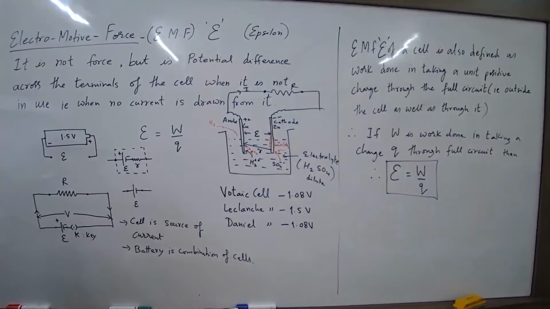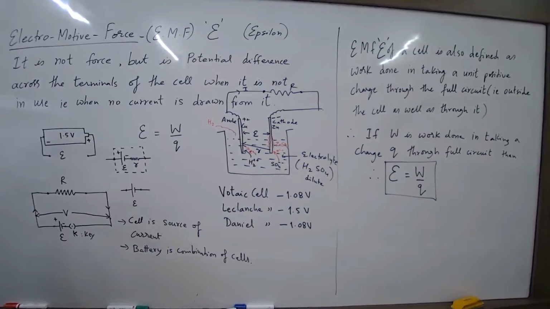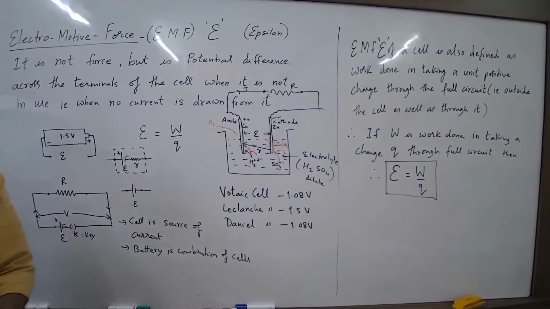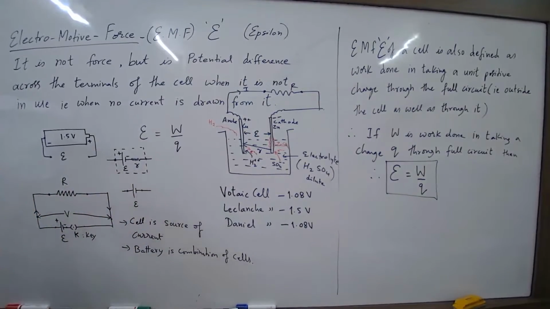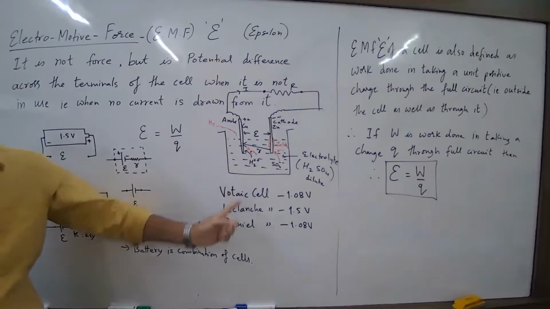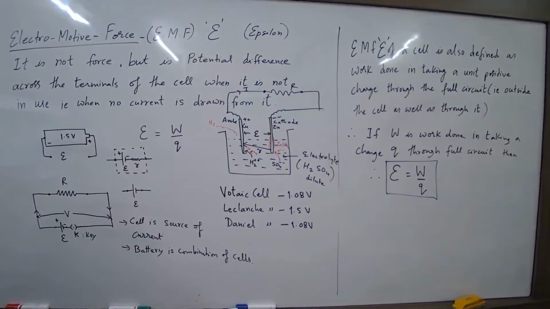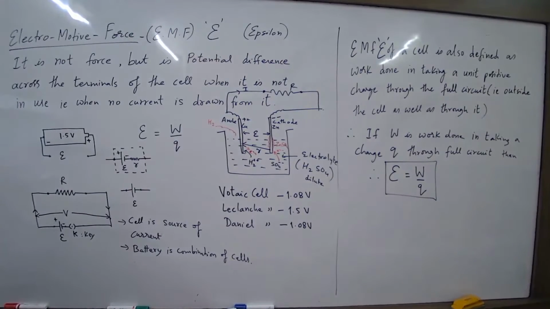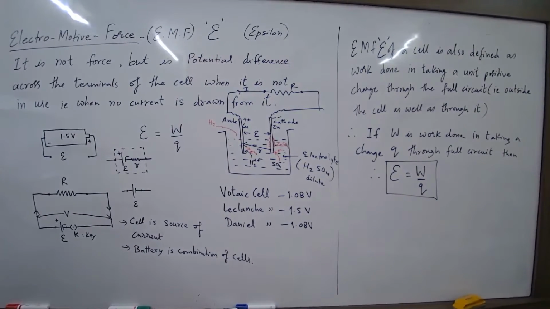Don't change the symbol. Whatever symbol you have taken, use that for the whole paper, for whichever process you are following. So is this explanation of EMF clear to you?